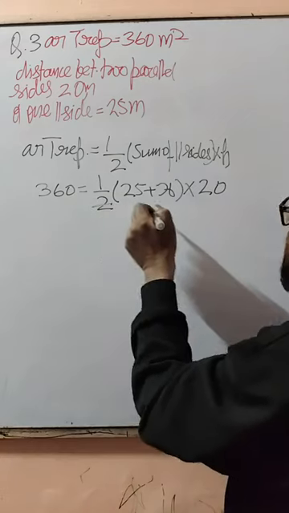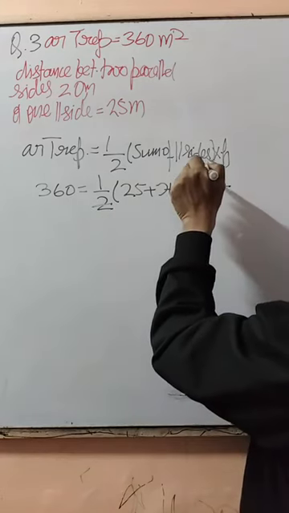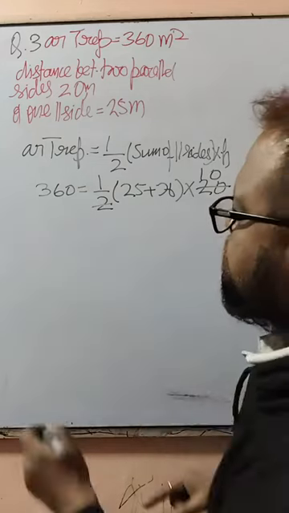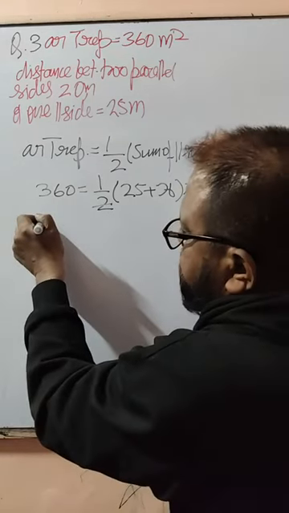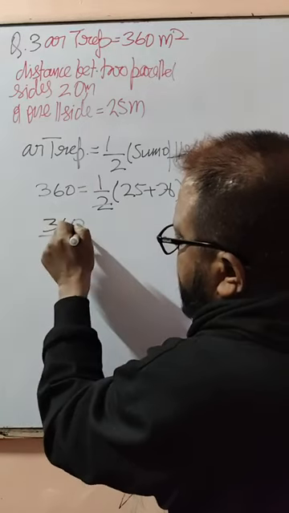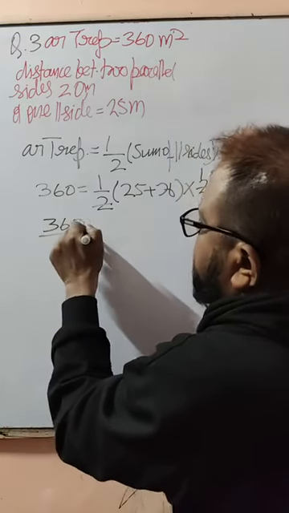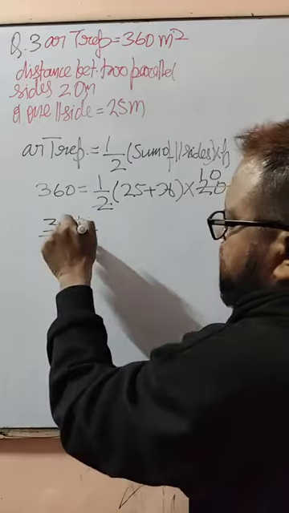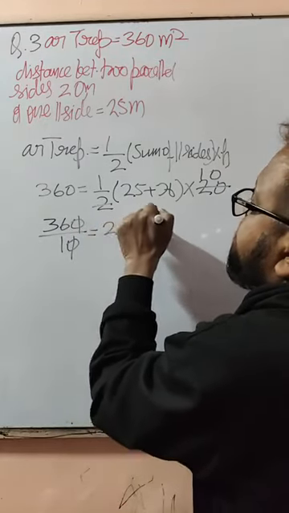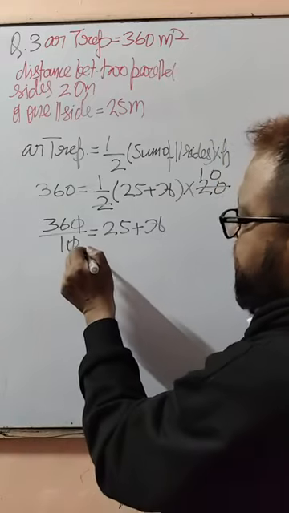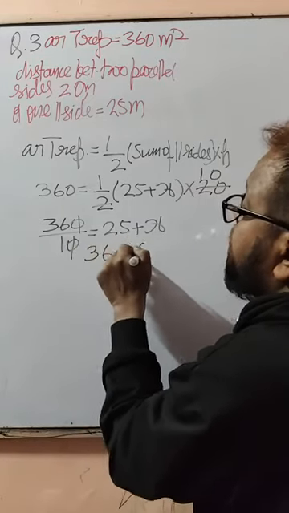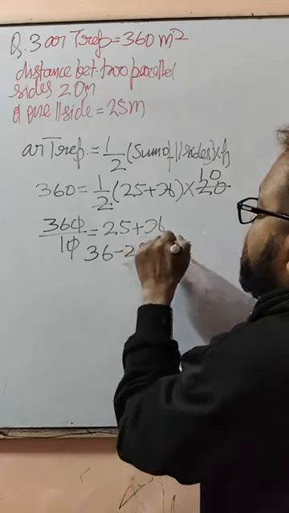So this is cancelled. 10 times 2 becomes 20, right? Yes, sir. And this comes, so 360 divided by 10 is equal to 25 plus x. So it is 36 minus 25 is equal to x.